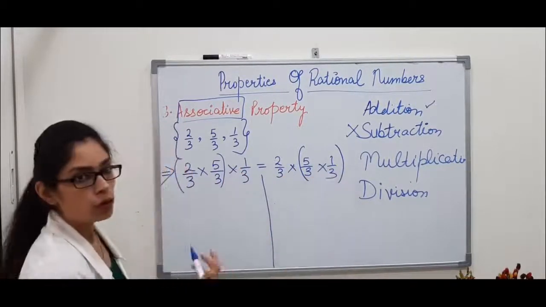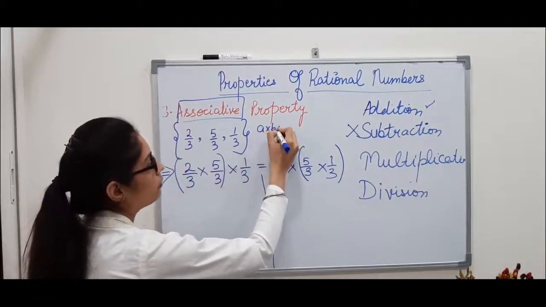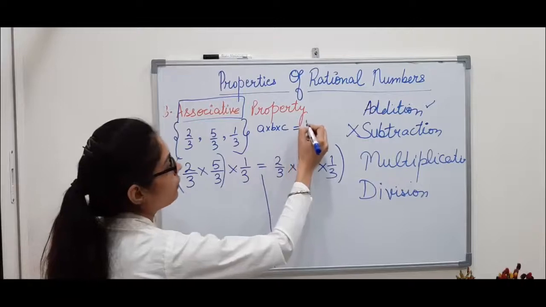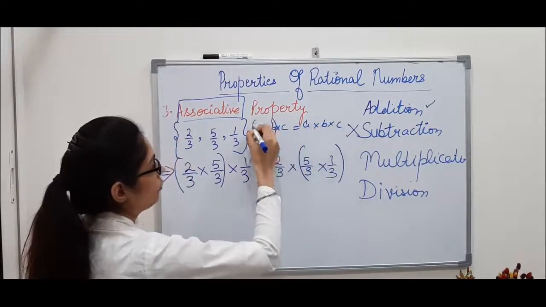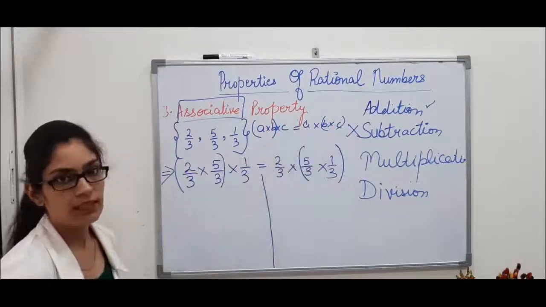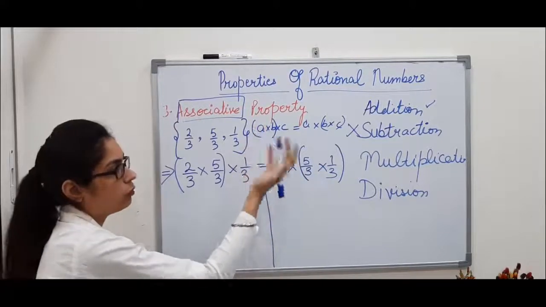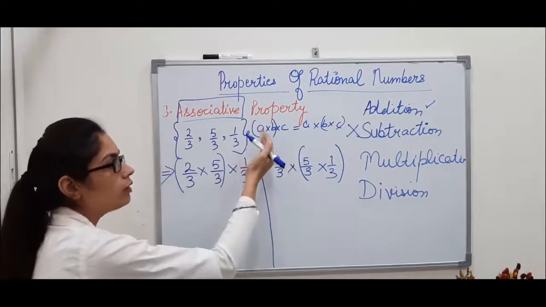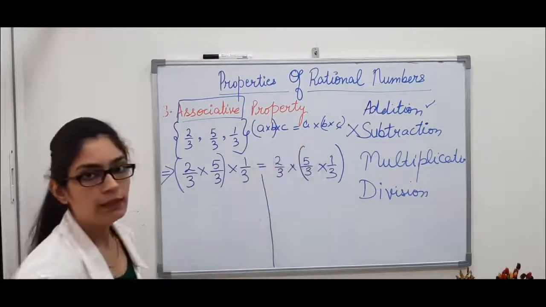If you want to write it in simple language, I can write A into B into C is equal to A into B into C, I will just change the place of the bracket. So this is the associative property. If you are doing it for addition, you can put a sign of plus. If you are doing it for subtraction, the only thing is that you have to change the sign over there. The format will remain the same.